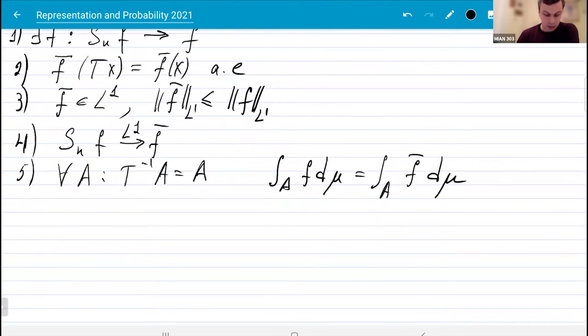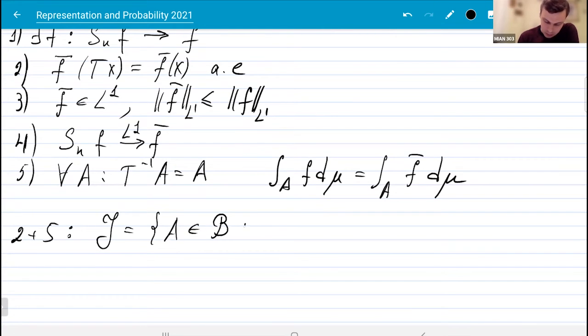So this property, or in fact properties 2 plus 5, mean the following: if you consider the family of invariant sets, then this is a sigma algebra. This is just a direct observation.